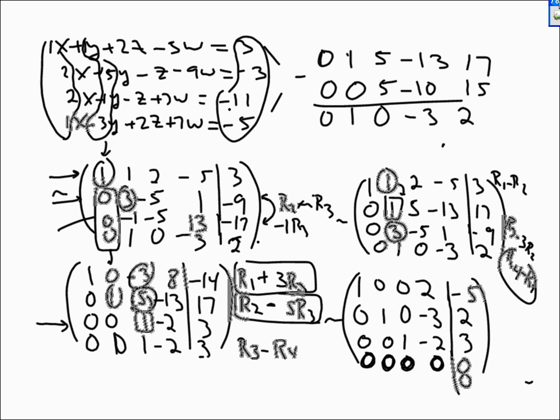If you reduced and you got this with an 8 on the bottom right, you would say no solution. There is no solution. But here it equals 0. There is no contradiction there. 0x's plus 0y's plus 0z's plus 0w's equals 0. The bottom line is true.